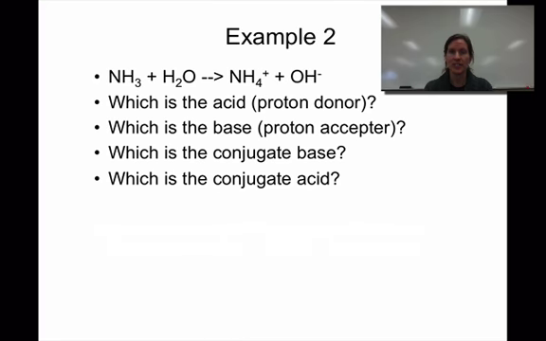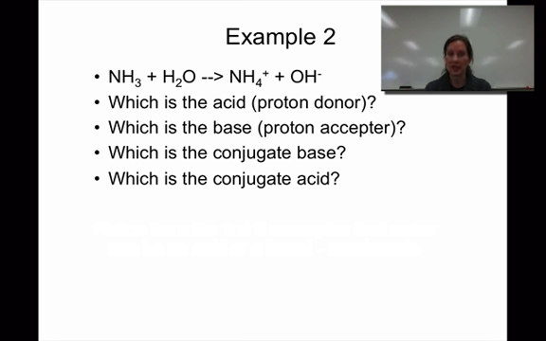So here's another example. Again, what we're looking for is which of our two compounds gives up a hydrogen and which of them accepts a hydrogen. NH3 in this case accepts a hydrogen to become NH4+, and H2O donates a hydrogen to become OH-.